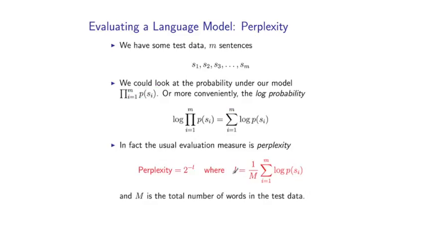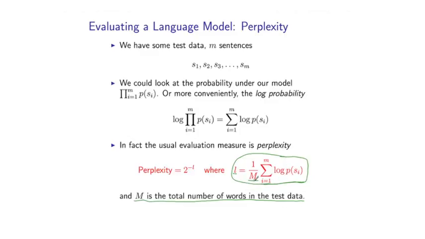First I'm going to define this value L, and this is just dividing this log probability by capital M, where M is the total number of words in the test data. So this can now be interpreted as the average log probability word by word in my test data. It's basically a quantity which is now normalized with respect to the length of the test data sentences.